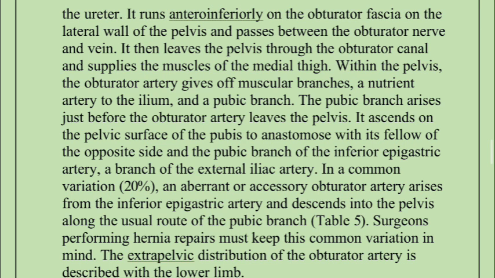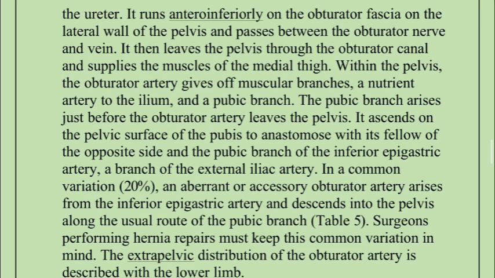The pubic branch arises just before the obturator artery leaves the pelvis. The obturator artery ascends on the pelvic surface of the pubis to anastomose with its fellow of the opposite side, and the pubic branch of the inferior epigastric artery, which is a branch of the external iliac artery.